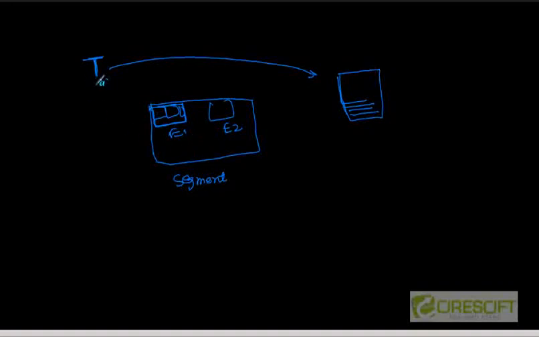Each table will have one segment, but what is the size of that segment? How many extents will that table have, and whenever an extent is full, what is the next extent? And up to how much can it go, what is the max size of this segment?